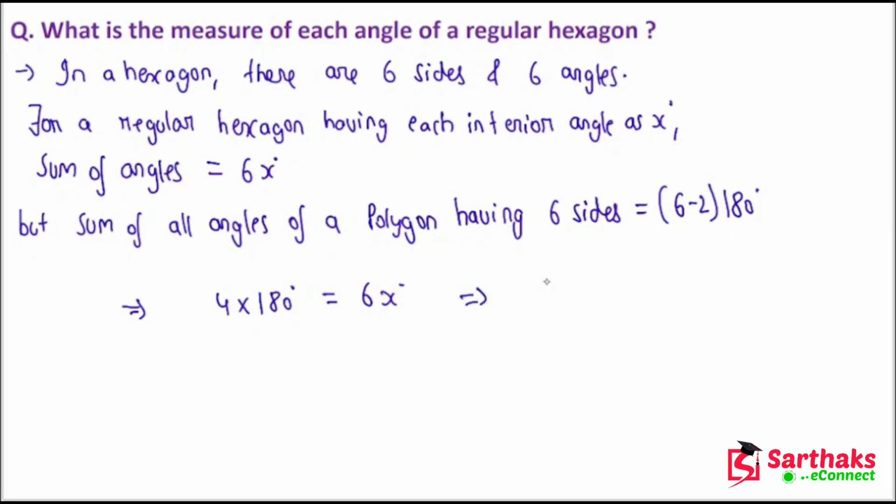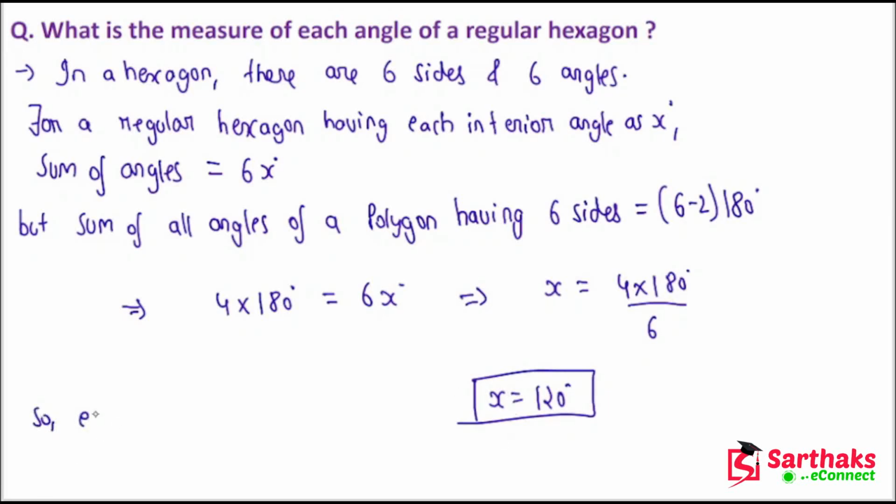Dividing both sides by 6, we would get x equals 4 into 180 degree whole upon 6. Dividing 180 by 6, we will get 30. So x is equal to 120 degree, right? So each interior angle of a regular hexagon is 120 degree.